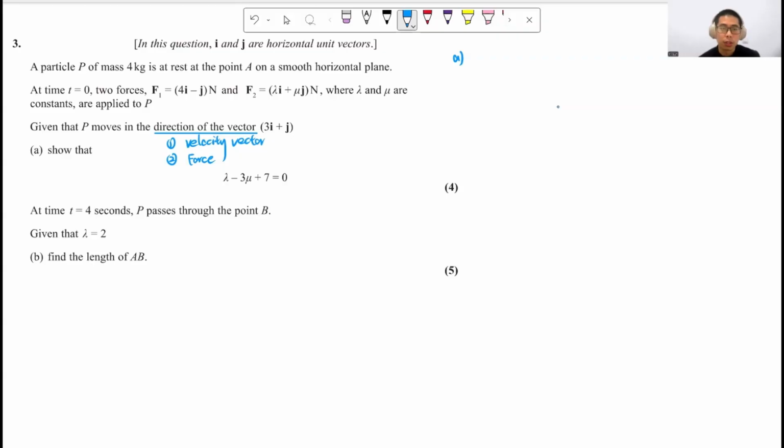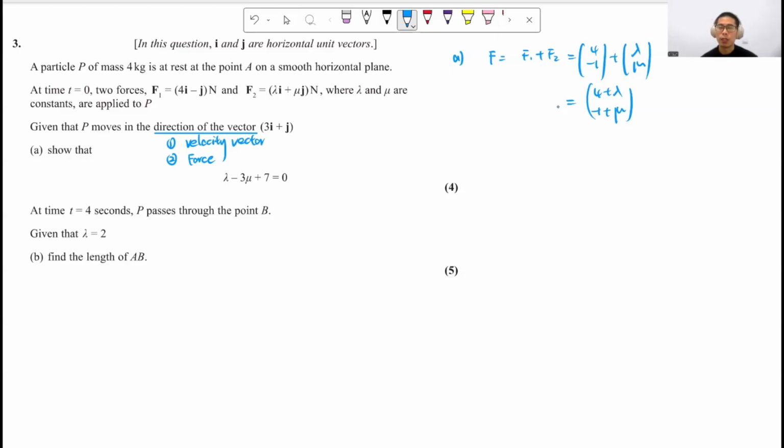So to work out the resultant force, F, that's just F1 plus F2, which is (4, negative 1) plus (lambda, mu). So that will just be (4 plus lambda, negative 1 plus mu). And then if this particle moves in the direction of the vector 3i plus j, the direction of the motion should be the same as the direction of the resultant force.